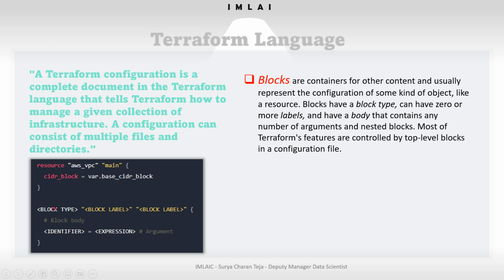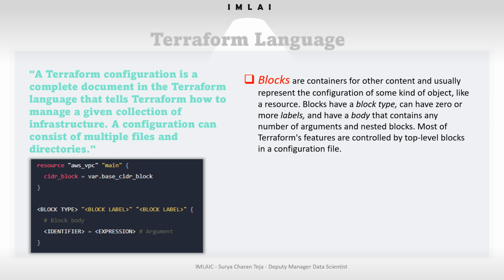It begins with a block type, can have 0 or more labels. Sometimes you don't need to put even a single label, but you can have n number of labels, and have a body. This is your block body that contains any number of arguments and nested blocks. You can have a nested block, a block inside a block inside a block.